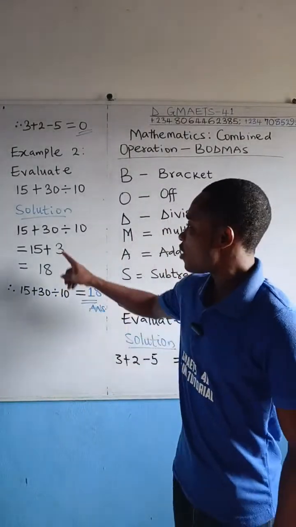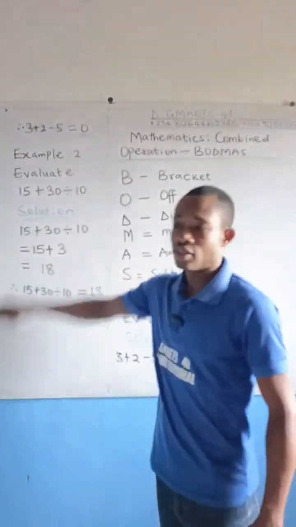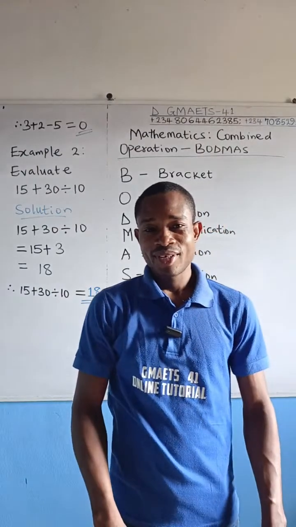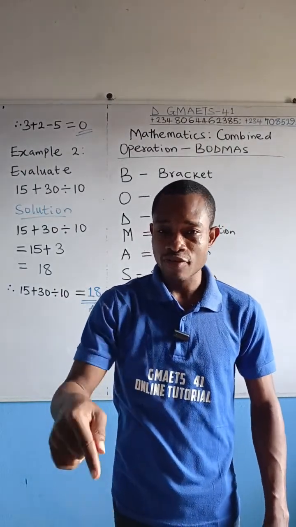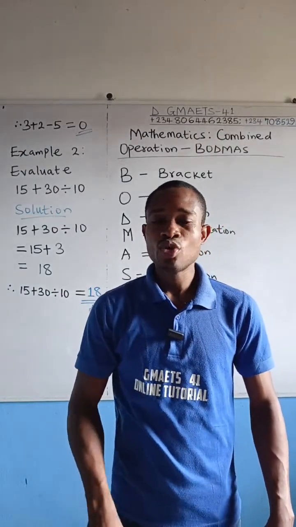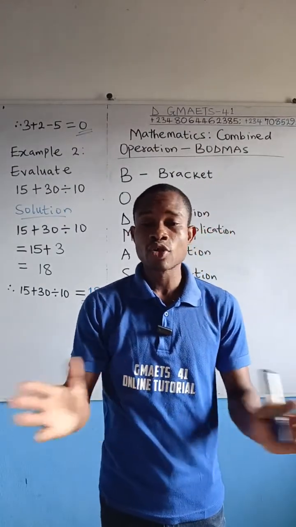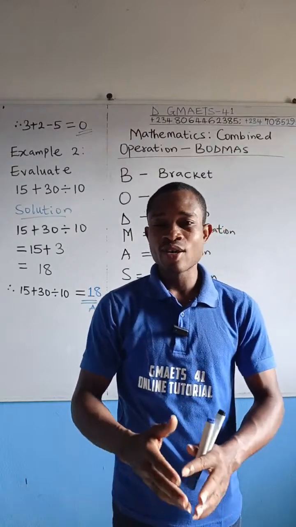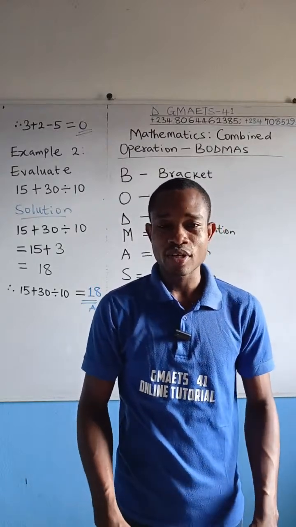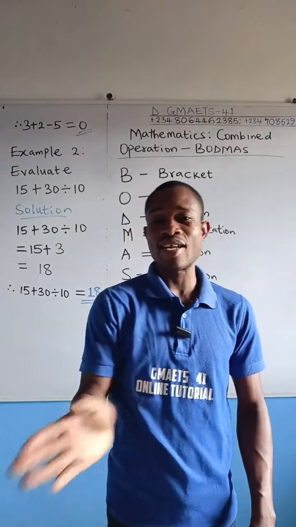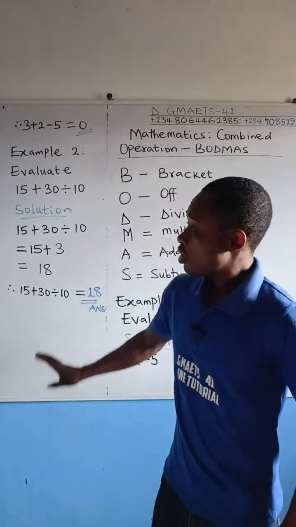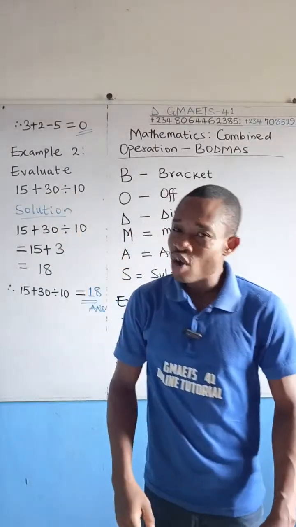In this case, you have plus and divide in this combined operation. You can never do plus first. You can't. Plus and divide are not opposite. They are not directly opposite. It is plus and minus that are directly opposite.